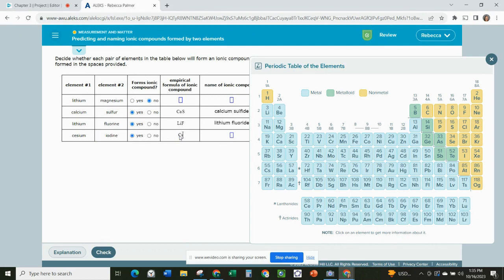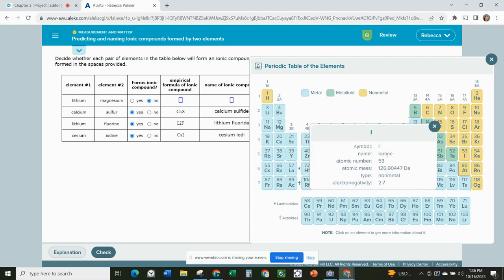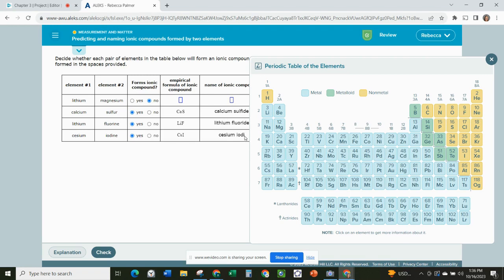This is cesium iodide. So cesium, make sure you spell it right, space iodine. Instead of iodine, we're going to change it to iodide. Okay. Check.